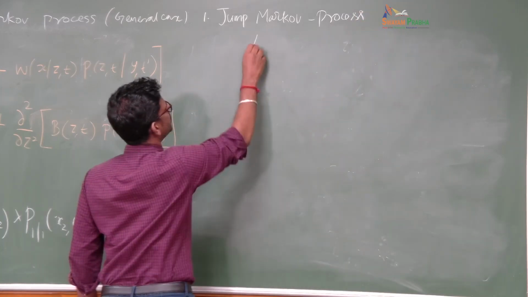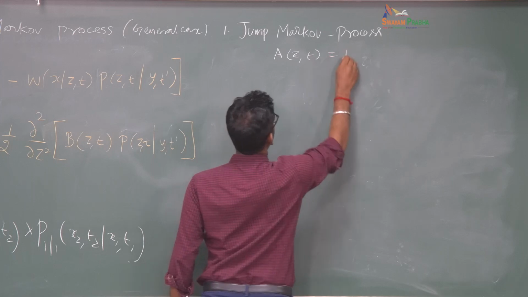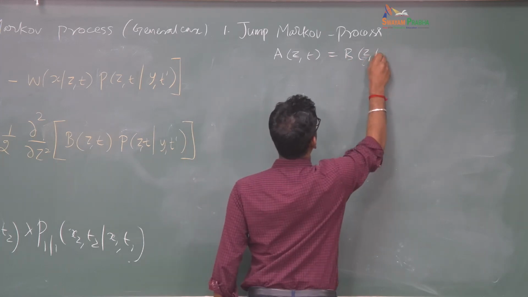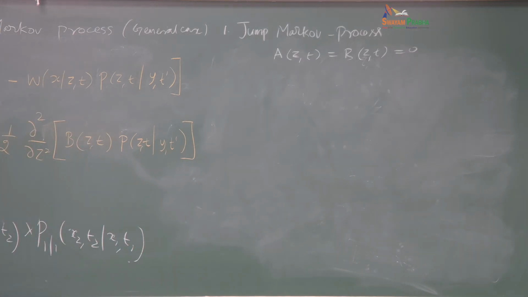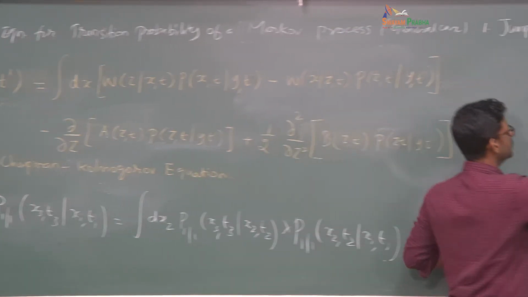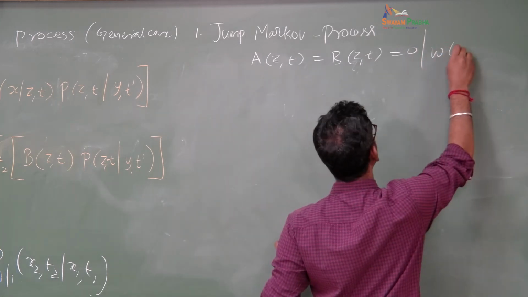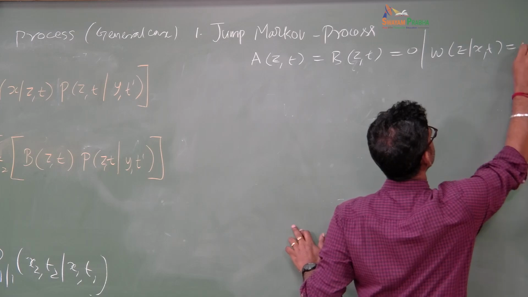In this case, you will see that A and B are all 0. In the cases where there is no continuous variation in the process, only W is defined, W is finite, non-zero.